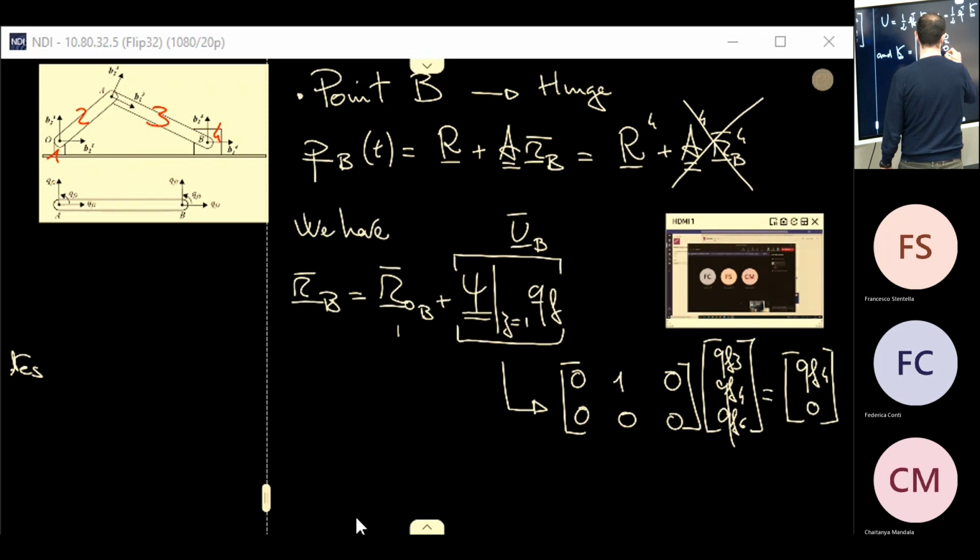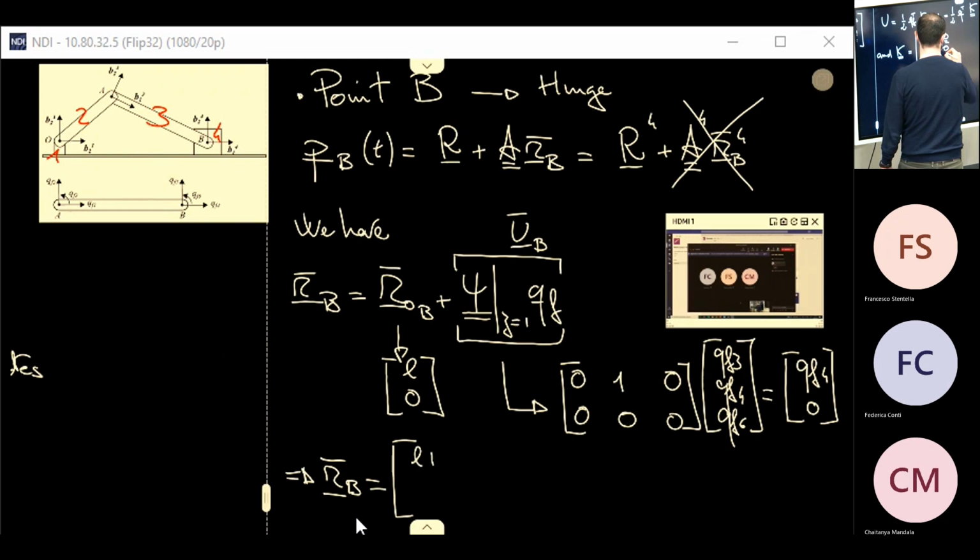This is instead what? Well, we have already seen this kind of. This is L0, no? The initial position of point B, the undeformed one. So that RB, with no surprise, is what?